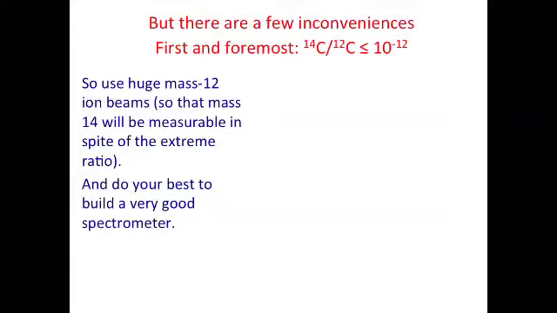The ratios that we measure easily for the stable isotopes are like 10 to the minus 2, 10 to the minus 3, worst case 10 to the minus 4.